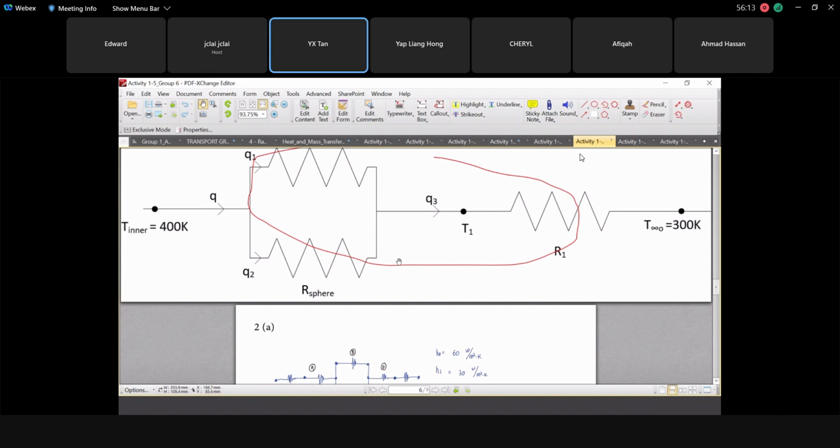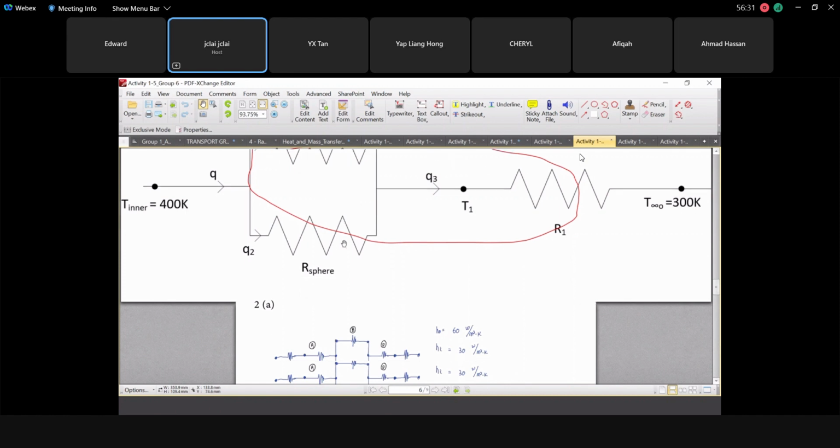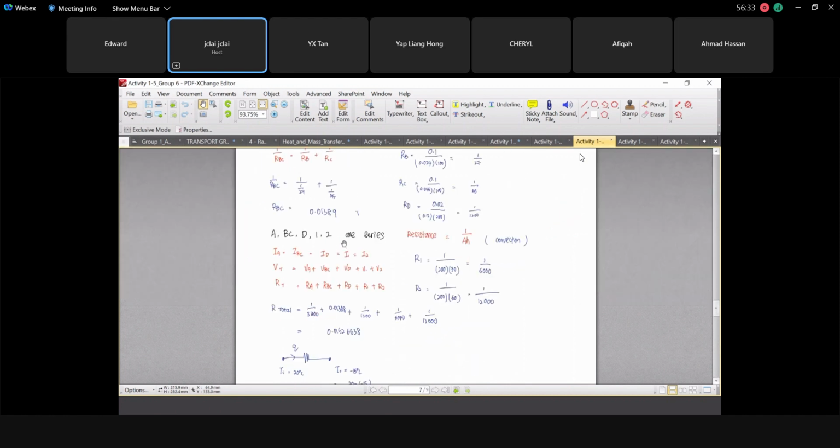Because we get the R sphere and R cylinder, then we use the parallel resistance formula. So your solution is based on this circuit diagram. Yes, Doctor. Did you get the answer? No, Doctor. We get 866 watt.